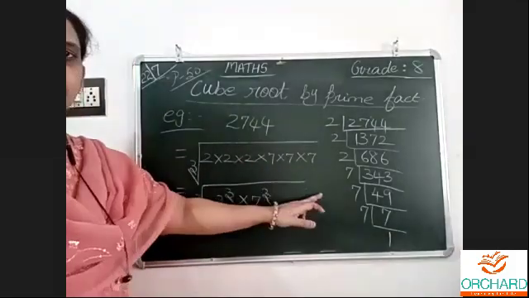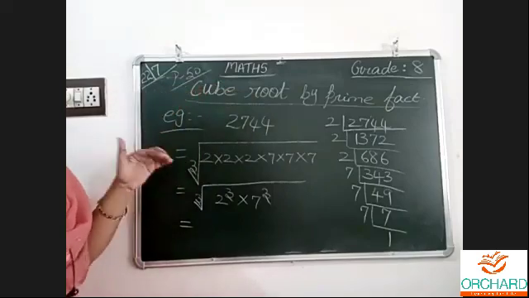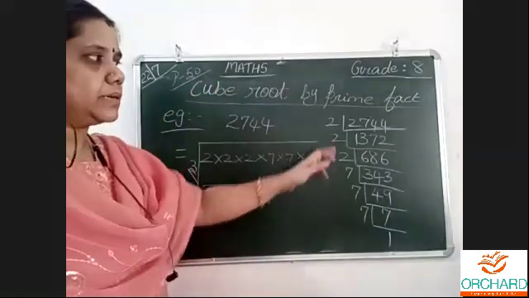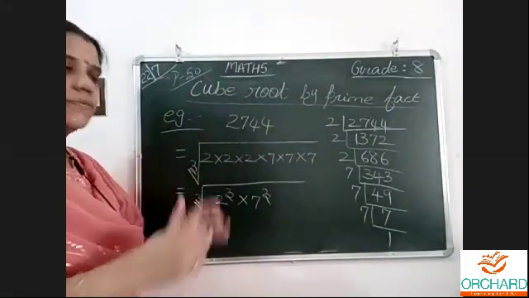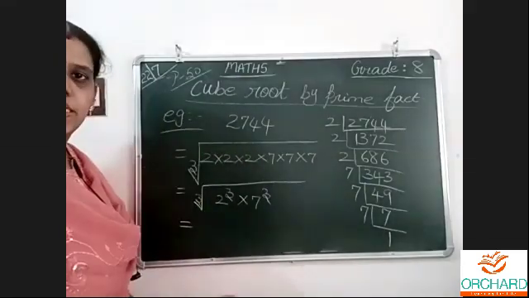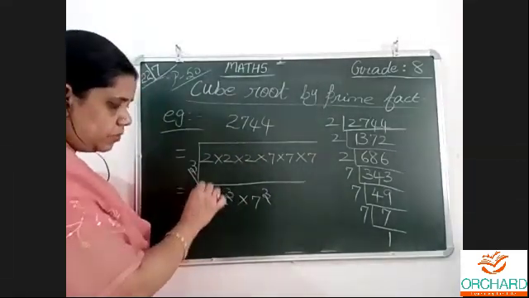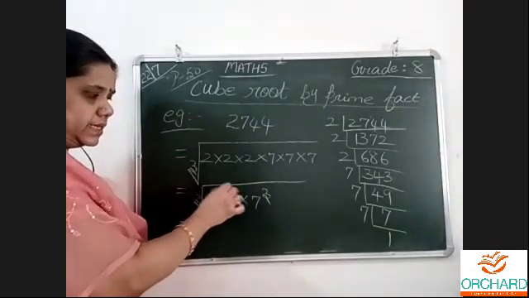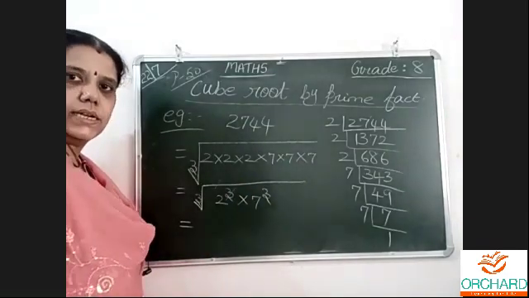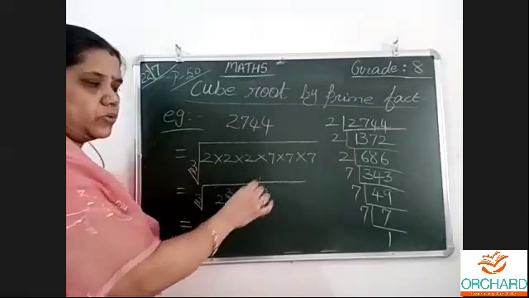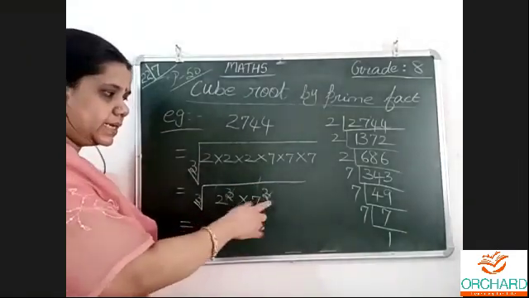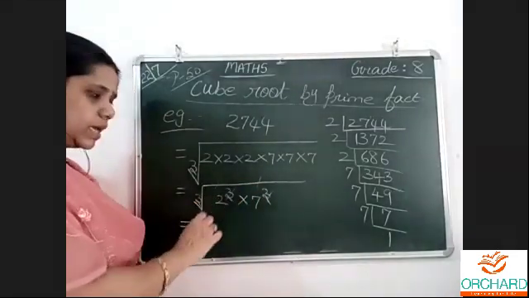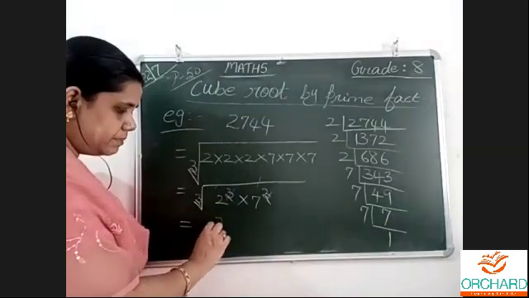Now the numbers, because the chapter is cubes and cube roots, must come in groups of 3. If it is coming like that, it's correct. This 3 and cube root get cancelled. These both get cancelled. And this 3 and cube root get cancelled. Cubes and cube roots get cancelled.